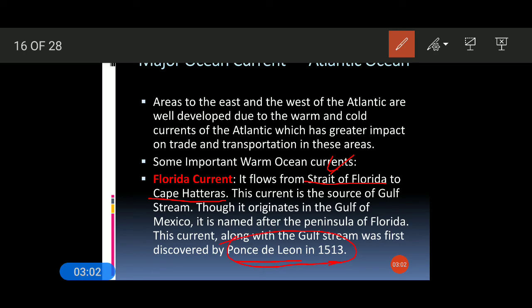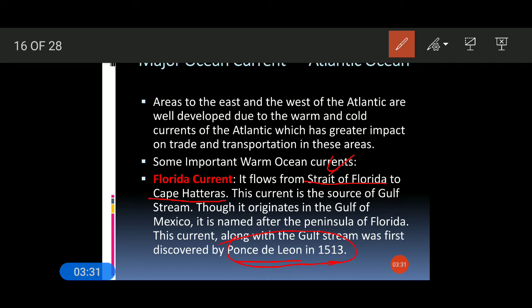Both the Gulf Stream and Florida current were discovered by Ponce de Leon in 1513. So remember this. Florida current flows from the Strait of Florida to Cape Hatteras. Although it originates in the Gulf of Mexico, the name is kept on the basis of the peninsula of Florida.